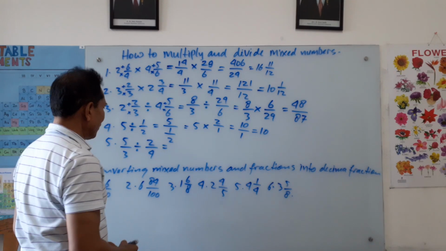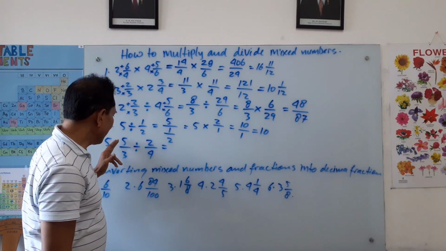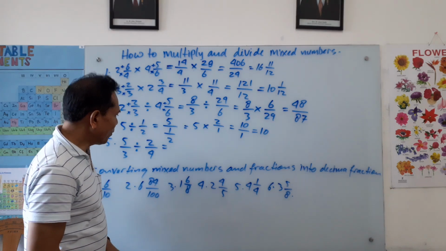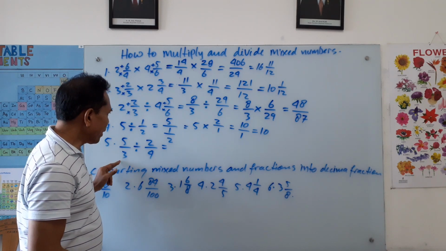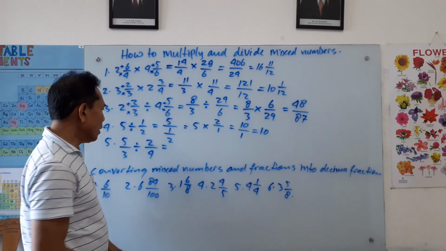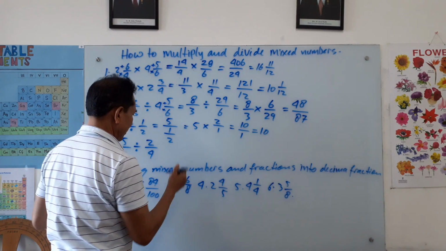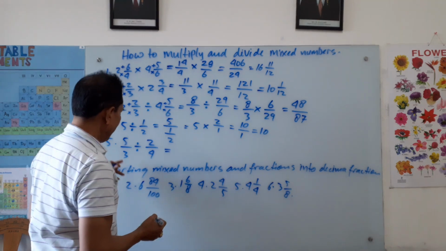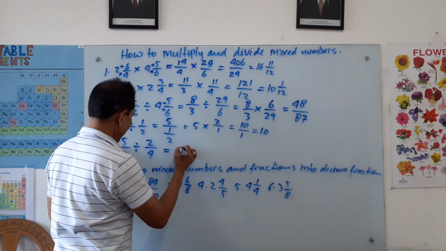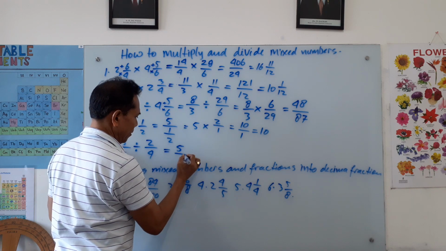Alright, now we go to the next one. Number 5 is 5 over 3 divided by 2 over 4. Now we put it here. It's the same. We take 5 over 3, we put here.